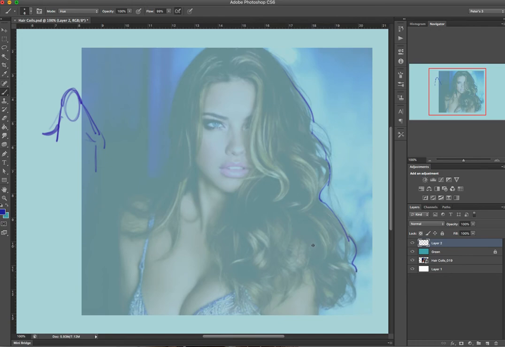So I'm saying for now, if you're drawing, don't worry about the colors of the hair. Worry about the outside pattern of the hair.